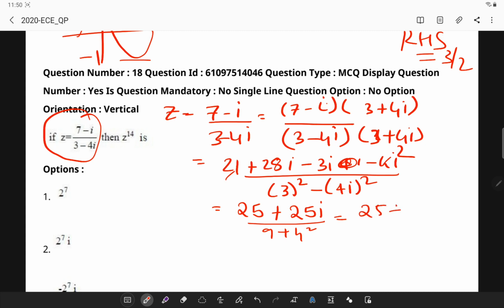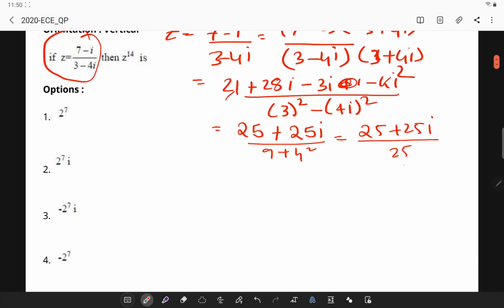So I'll be left with 25 plus 25i divided by 25. So this is simply 1 plus i.